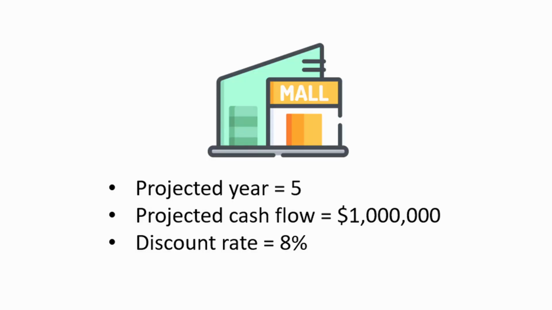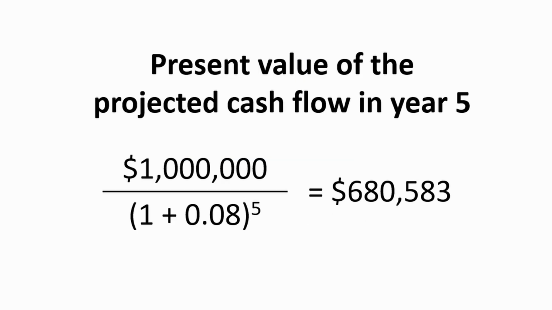So let's say you have a property that is expected to generate $1 million in cash flow in your 5th year, and the discount rate is 8%. Well, let's plug in the numbers. The present value would be taking your $1 million on top and dividing it by 1 plus the discount rate, to the power of 5 because 5 years, and this will lead us to a total of $680,583 as the present value.